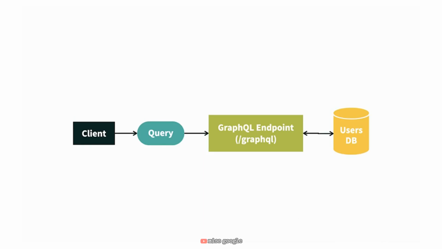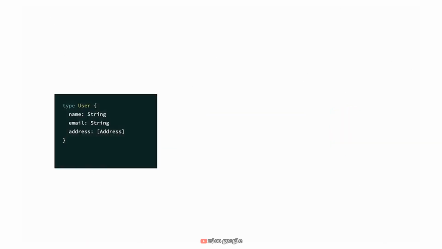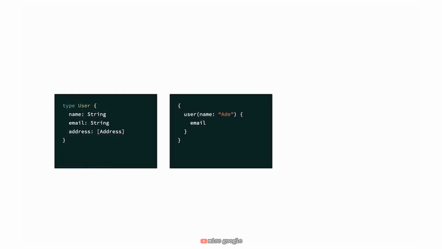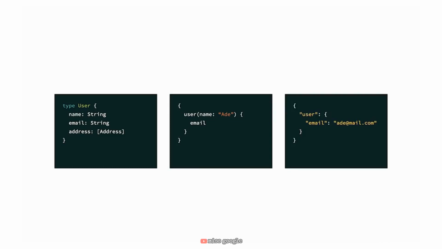Our GraphQL endpoint will interpret the query and serve data from the user's database by returning the shape defined in the query. This means you describe the data you want to expose via the API. Clients ask for exactly what they want and get results in the shape requested.